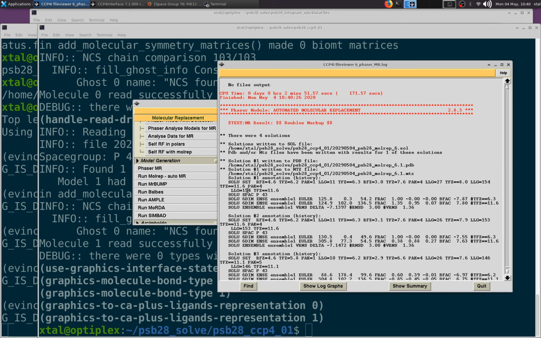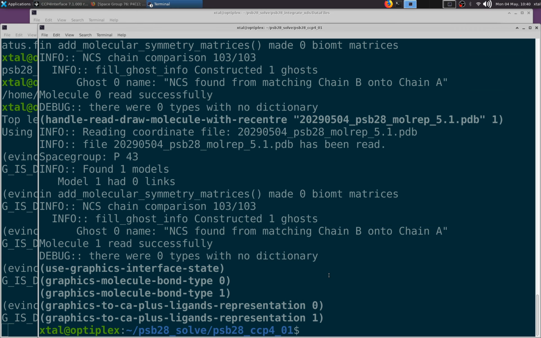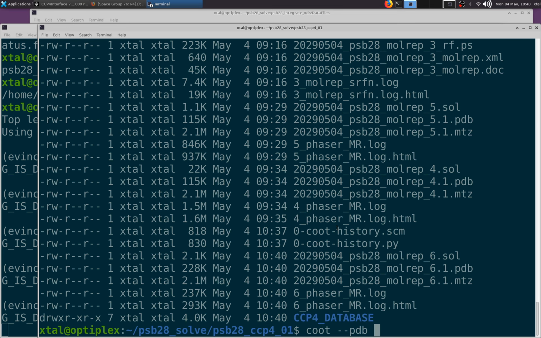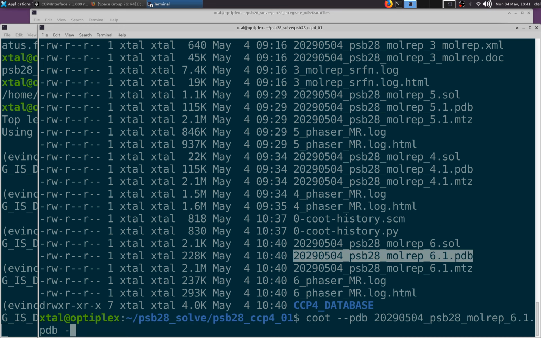The top solution has a TFZ score of 11.6, which is into the region of, yes, we believe this is definitely correct. So I believe this is a solution. Let's look at the PDB file with the map. So we can look at 6.1. This is job number 6.1, which is the job we've just run.